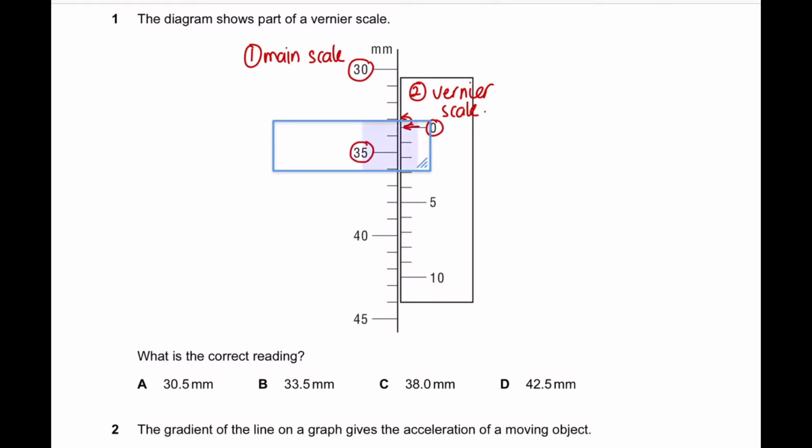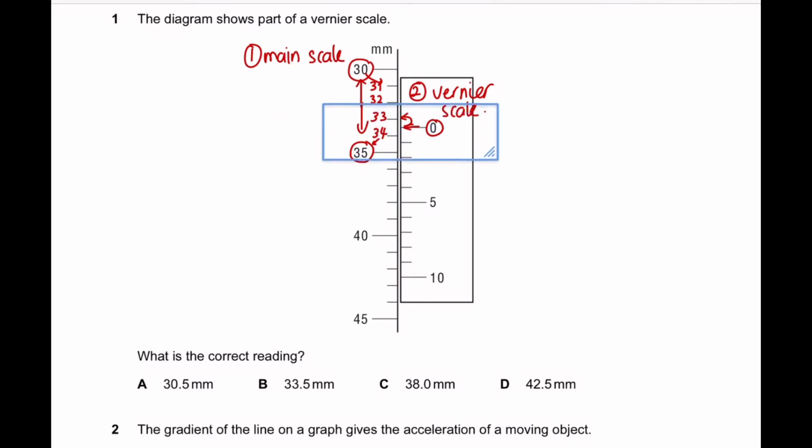Next to 30 is 35. We shall divide these two numbers into 5 intervals, as we can see here. So from 30 till 31, 32, 33, 34, and 35. It is equally distributed.